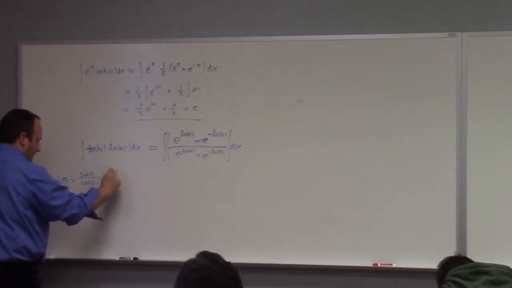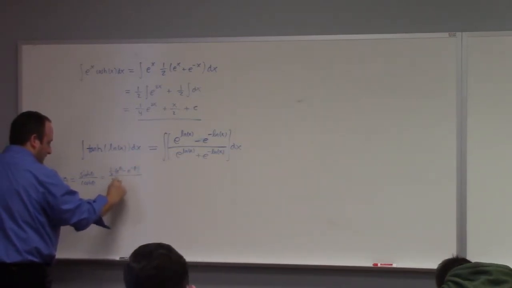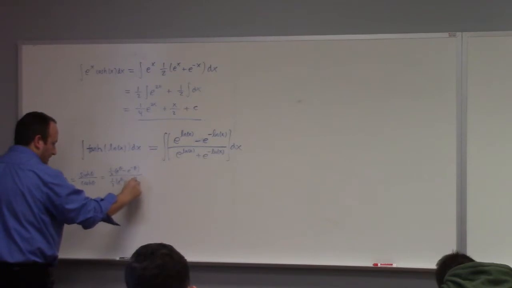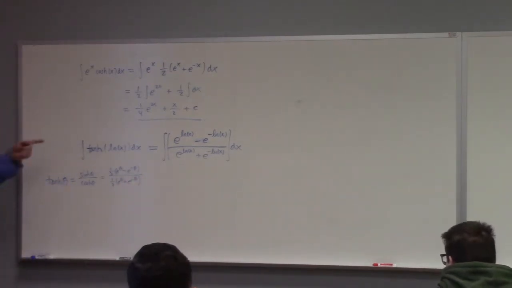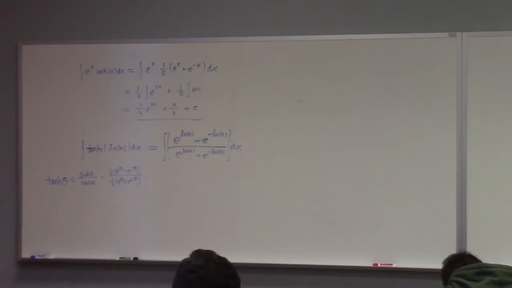But that's 1/2 e to the theta minus e to the minus theta over 1/2 e to the theta plus e to the minus theta, which of course gives me that pattern. The difference of the exponentials divided by the sum of the exponentials, the halves cancel. I'm putting theta equal to the natural log of x. Then we could simplify, right? What happens there?